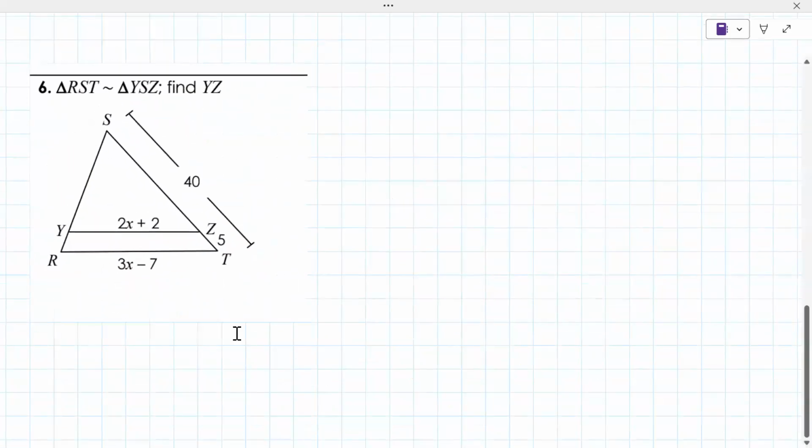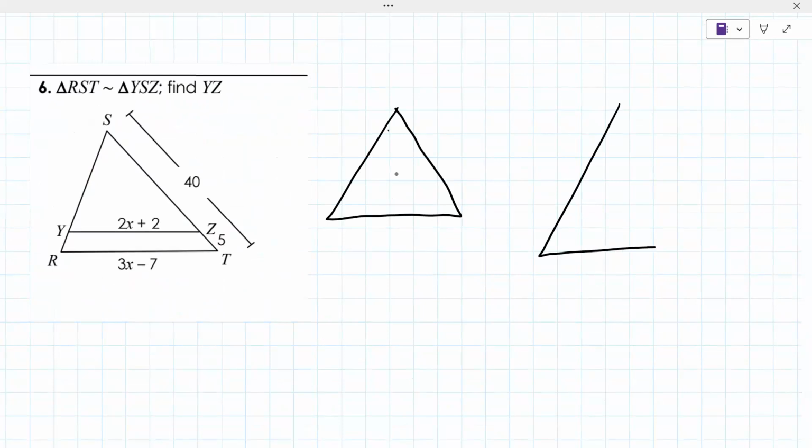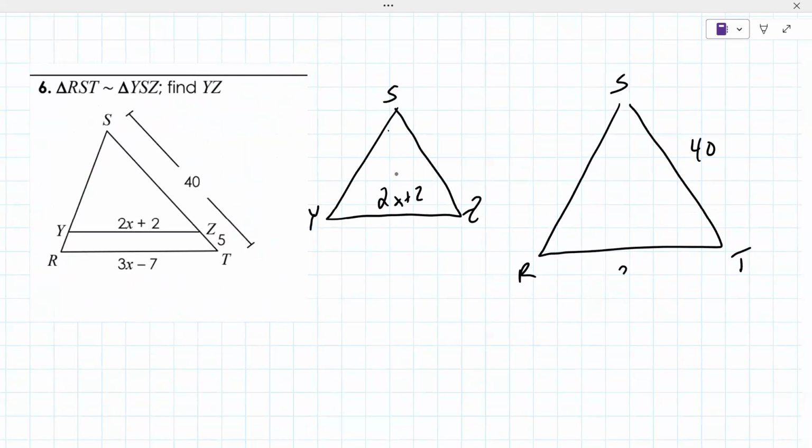One of the things I really like doing when the triangles overlap like this is to actually redraw them separately so that you can totally see the separation of them. And then you relabel. It seems like a lot of work to do, but it's really kind of necessary.